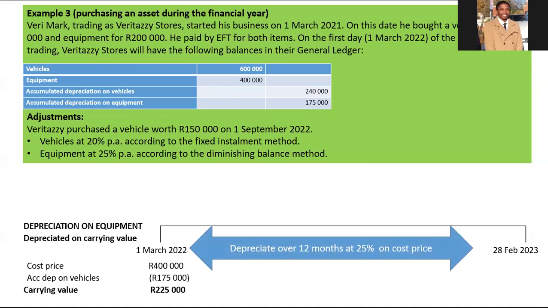So which value are we going to take when we depreciate equipment? Are we going to take the 400,000 or are we going to take 225,000? We are going to take 225,000. And because we've used it for the entire year, multiply that by 12 over 12, which will give us 56,250.